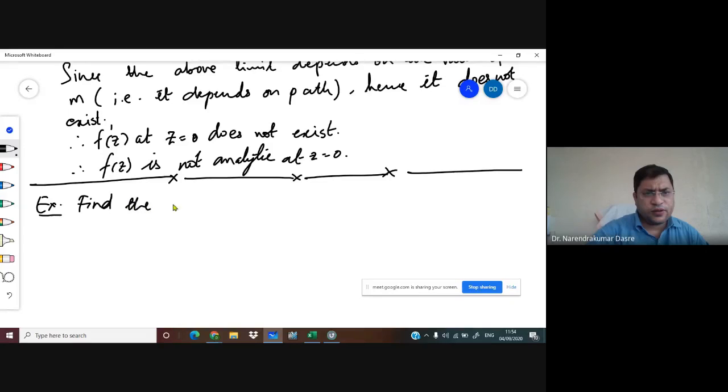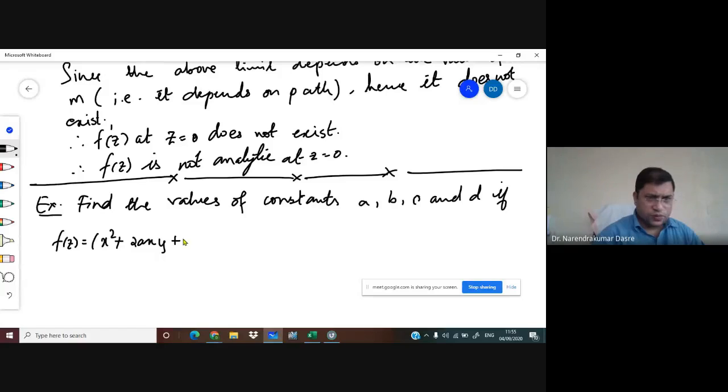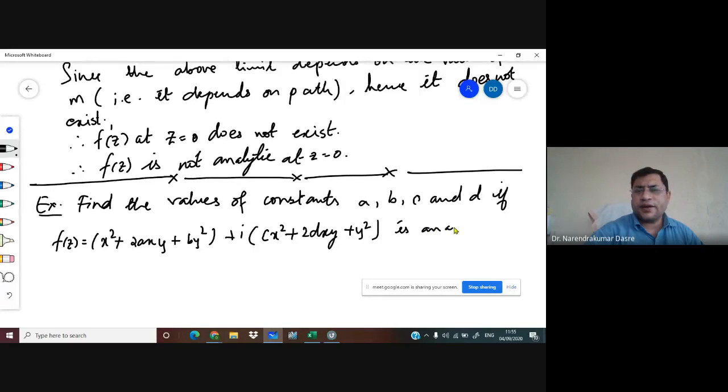So we have to find the values of constants a, b, c, and d if f of z is equal to x square plus 2axy plus by square plus i cx square plus 2dxy plus y square is analytic.